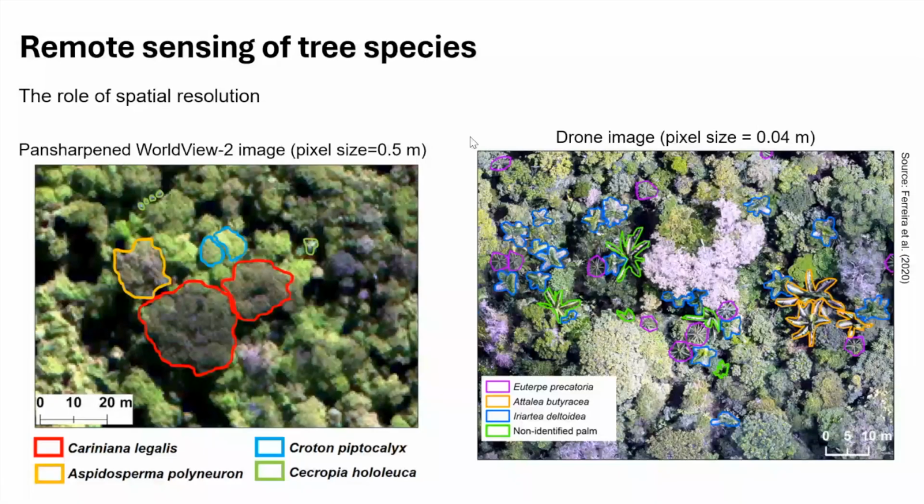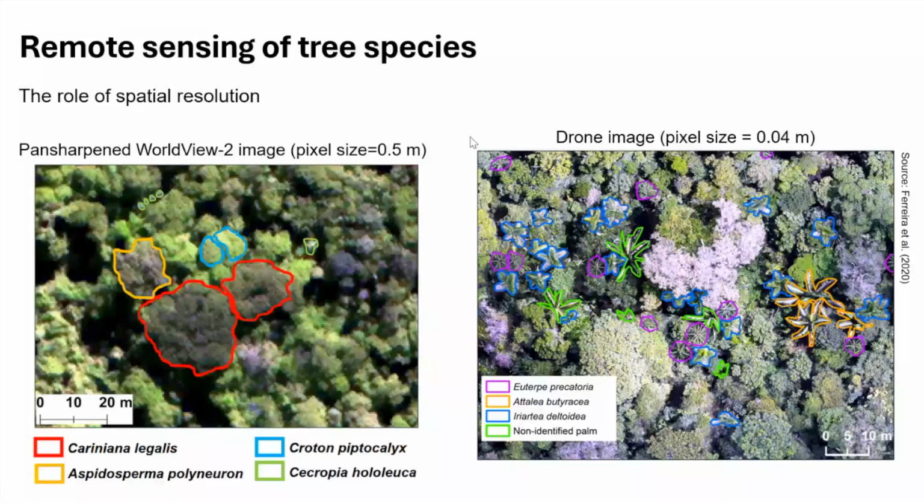Tropical forests are highly diverse ecosystems. For example, we can have more than 100 tree species in a single hectare. That's almost the same number of species that we have in the entire continental Europe. So to deal with this diversity and use remote sensing to perform species discrimination, we need a very high resolution.